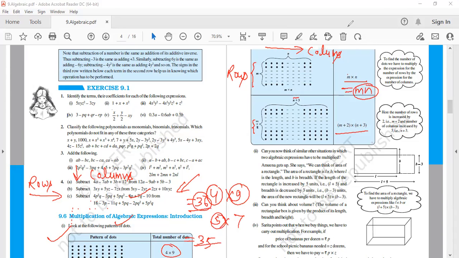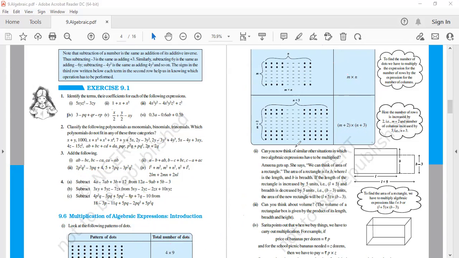This is the basic concept which you did in the previous class. For a pattern of dots, to find the total number of dots you multiply the number of rows and columns, and you get the total without any counting.